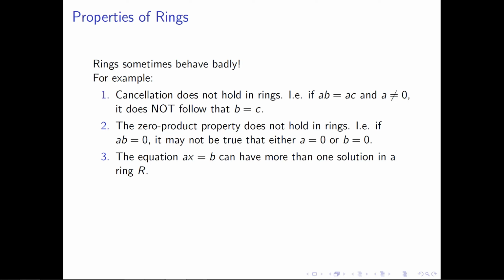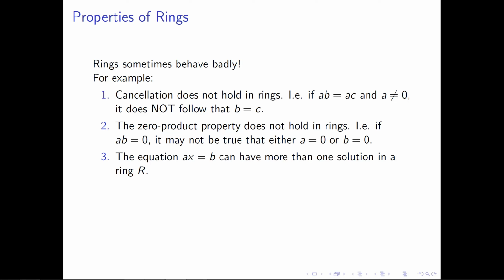However, if you're looking at this equation ax equals b, where a and b belong to just an arbitrary ring, and x is serving as a sort of indeterminate, there might be 7 solutions to this equation. There might be 10, there might be 4. And so really you have to get that notion of, oh, there's at most one solution to this, out of your head if you're working with an arbitrary ring.